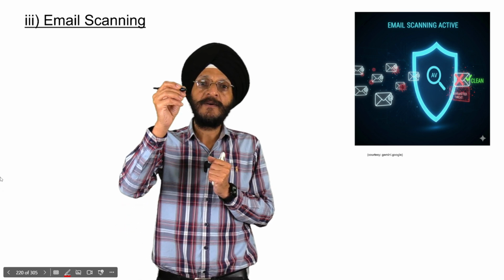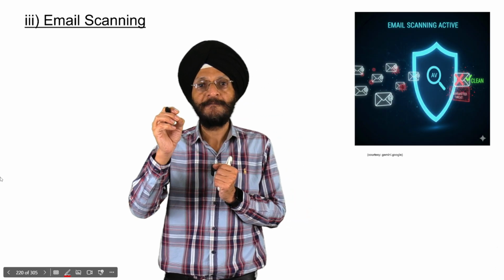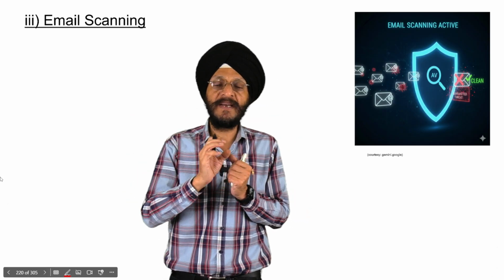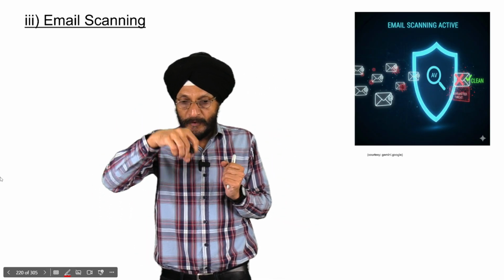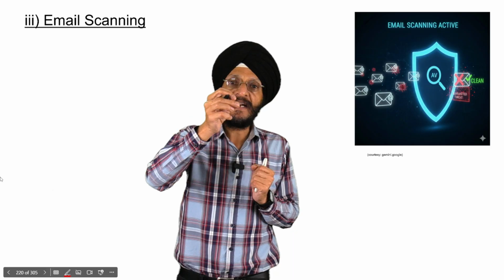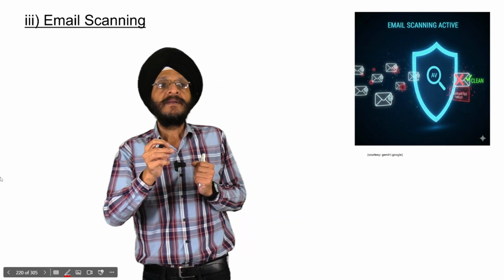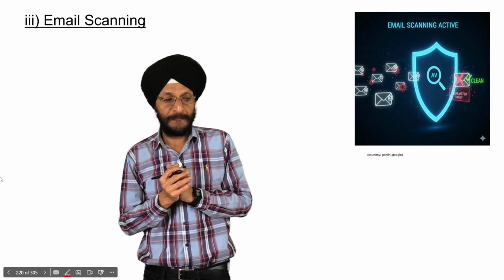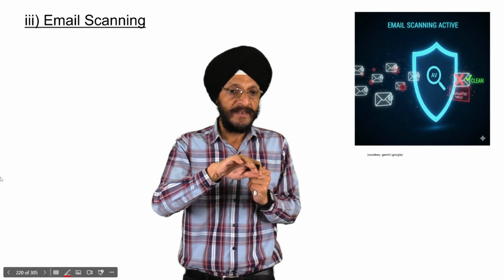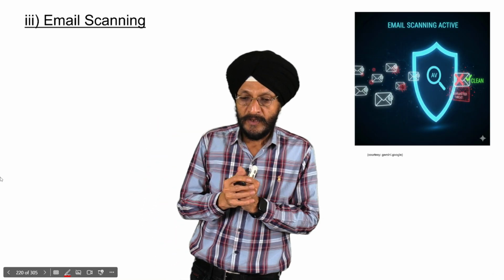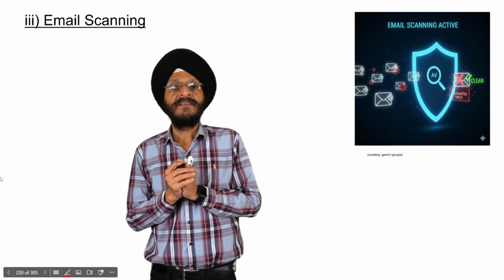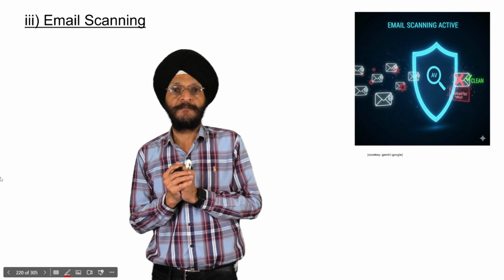And when we click on the attachment, or when we click on the link sent by the cyber criminal, some malicious software may get downloaded on our system, or we may visit some malicious site.